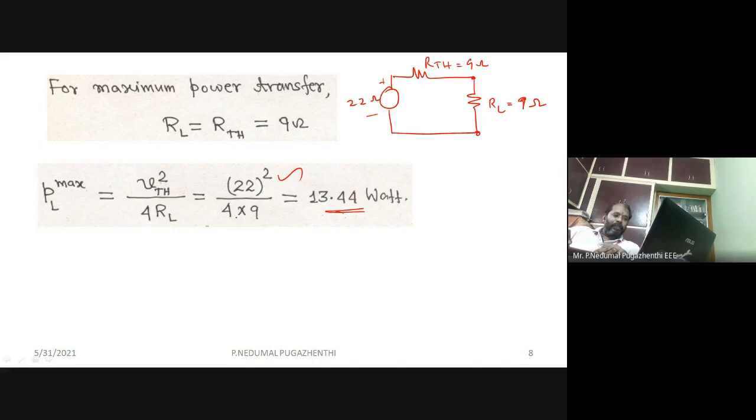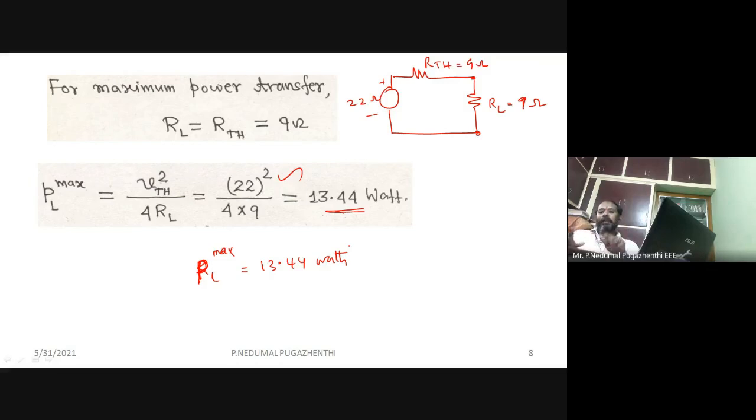Is that giving you 13.44 watts? Check that and tell me in the chat window. PL max is equal to 13.44. Yes, Karunya. Thank you. So 13.44 watts is the answer.